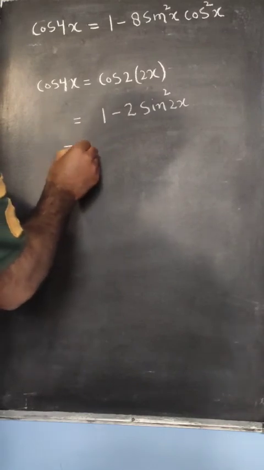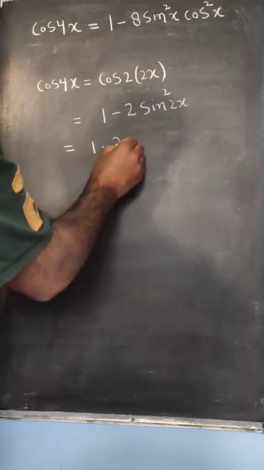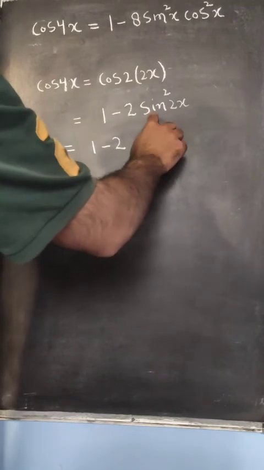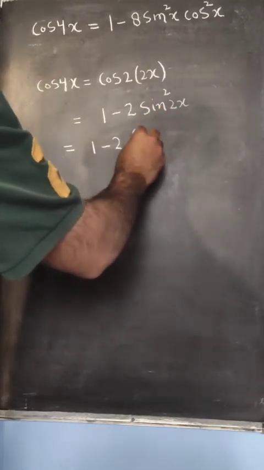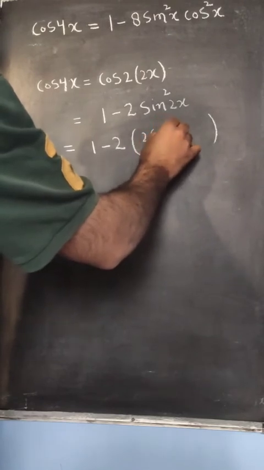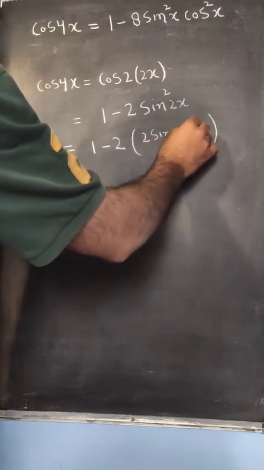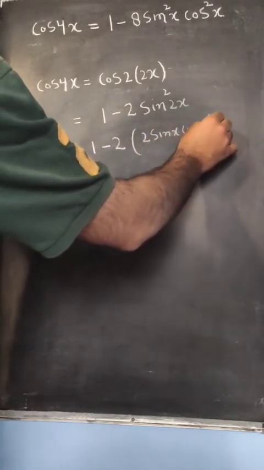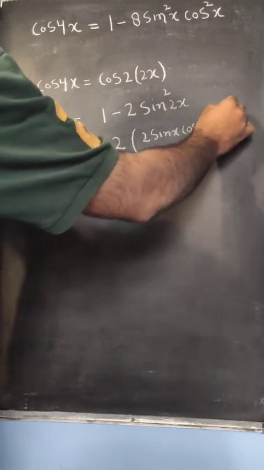That is further equal to 1 minus twice, now we have sine 2x. We know that sine 2x is twice sine x cos x. Then we have this square.